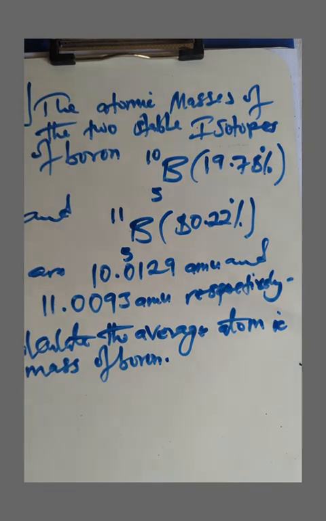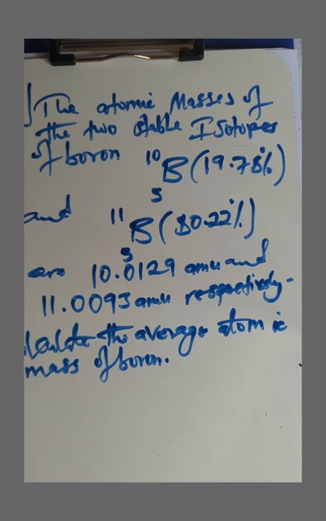Before you even start answering the question, you need to ask yourself, what is this average atomic mass? The value listed on the periodic table is a weighted average based on relative abundance, which is why atomic masses are rarely whole numbers. You need to have this concept in your mind.